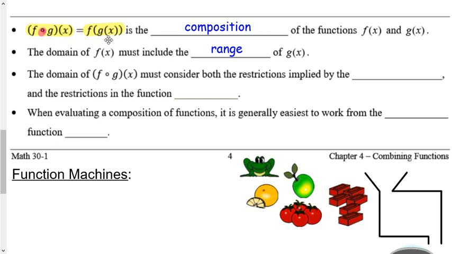We'll look at that a little more visually in a minute. The domain of the composition must consider both the restrictions implied by the composition and the restrictions on that inside function. So I can't stick in to g of x anything outside of g of x's domain. That's this second statement. And g of x can't have output that doesn't fit in the domain of f of x.